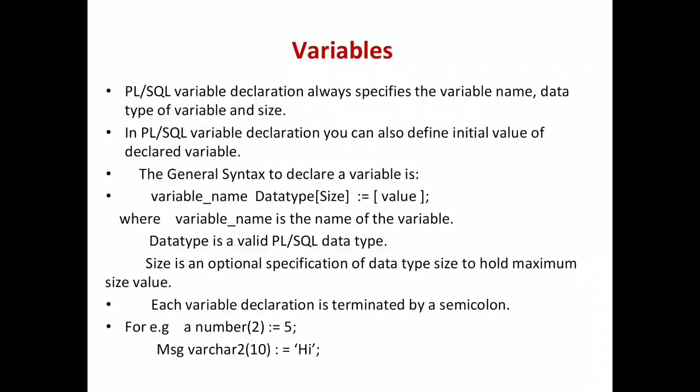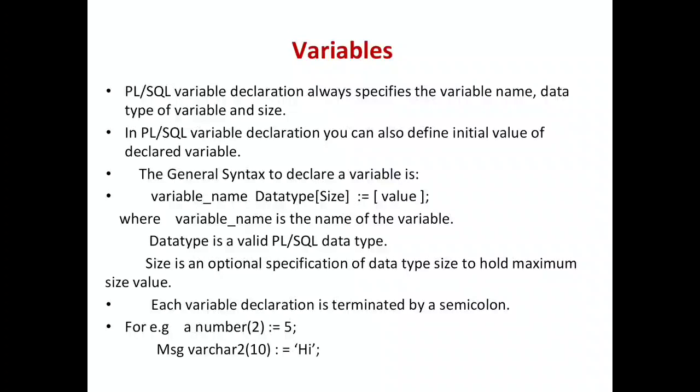Size is optional, as I have written in square brackets. Size means how many characters you want to store into that particular variable. That size will be the maximum size value. And each variable declaration is terminated by a semicolon.